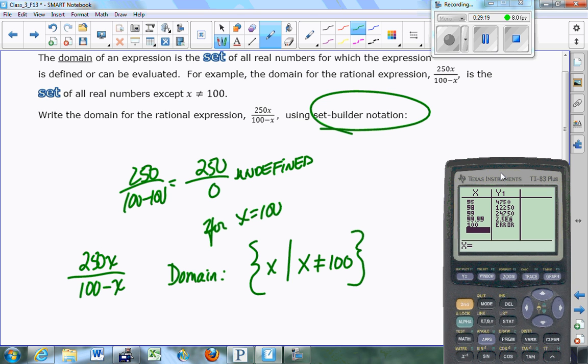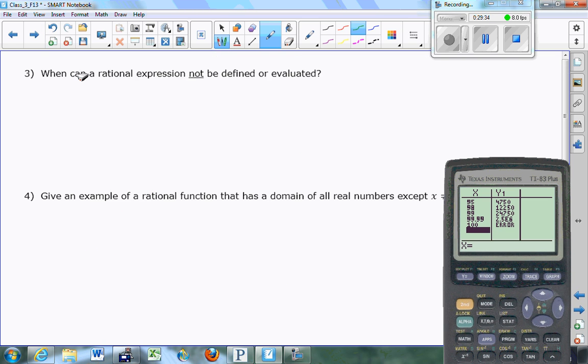So think about the domain as what numbers, first of all, are going to jam up my expression. And that's the number that's not in the domain. So the domain is the set of all real numbers except for 100. So let's move along.